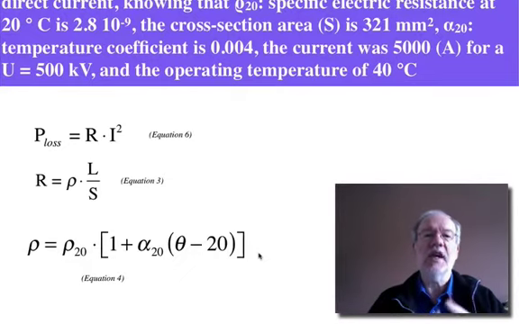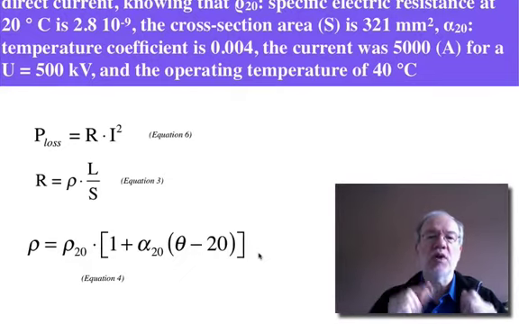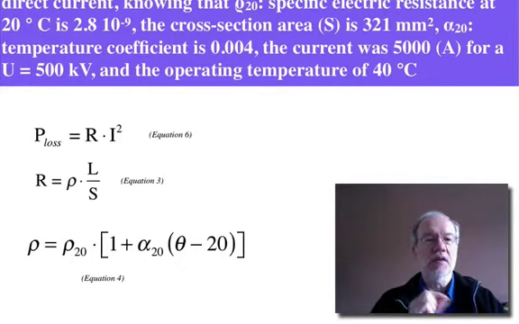If we want to calculate the power lost for a 1,000 kilometer cable of aluminium with direct current, not alternative current, we know the specific electricity resistance at 20 degrees, and we know the cross-section area, 321 millimeter square.